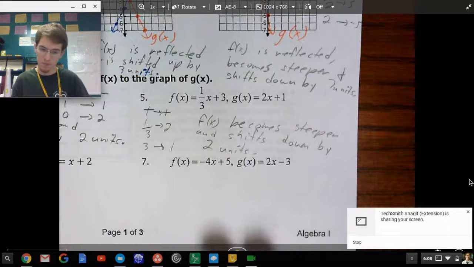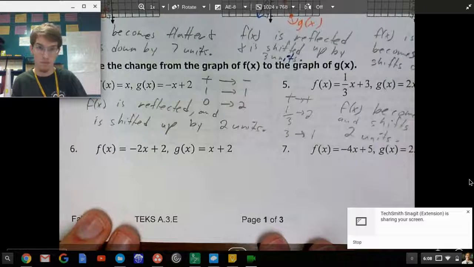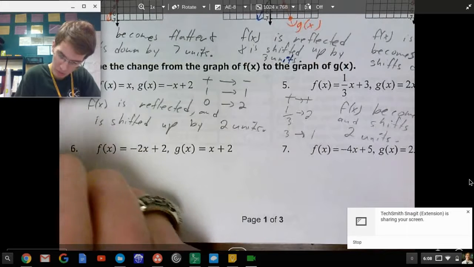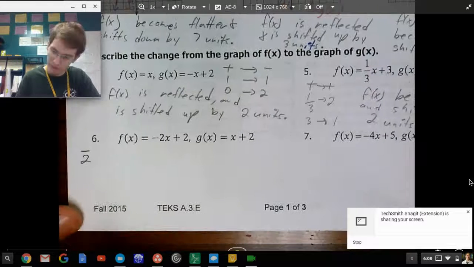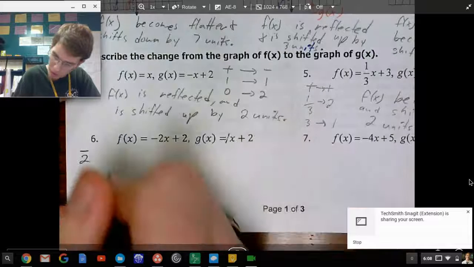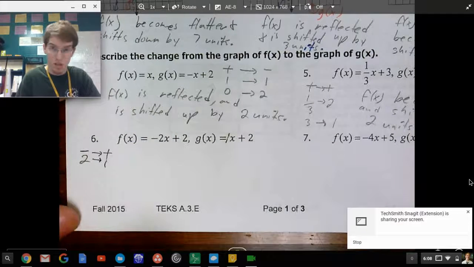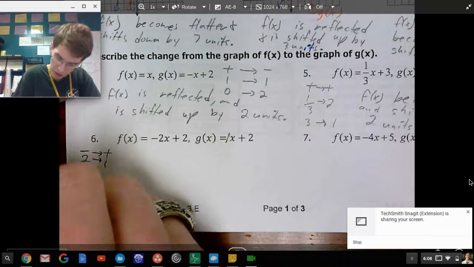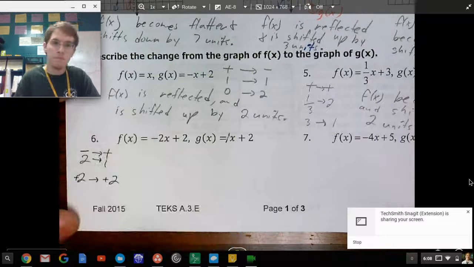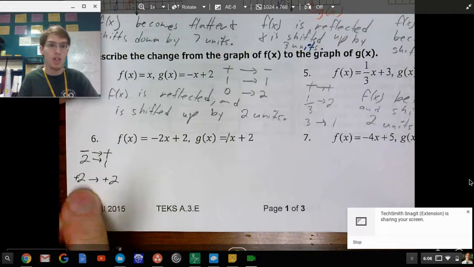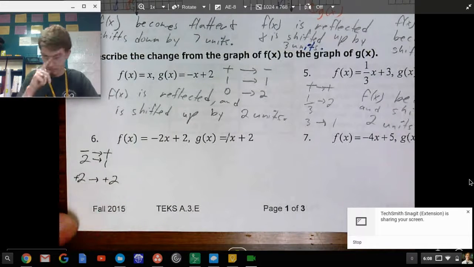Okay. Number 6. Write my chart over here. I go from -2 to a positive 1 slope over here. And then the y-intercept goes from a positive 2 to a positive 2. So right here, where I don't see a change at all, that means that there is no shifting at all.